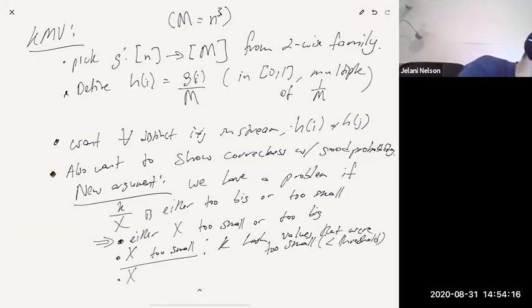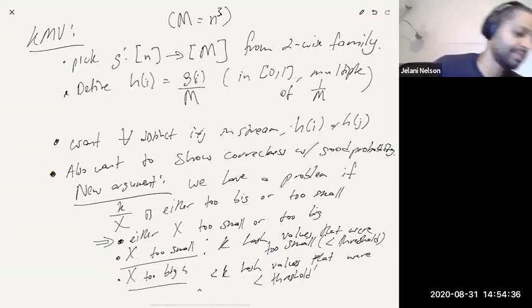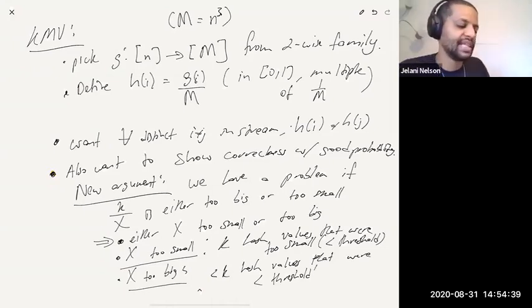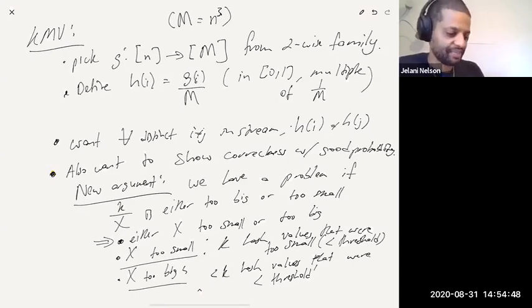What does it mean that x is too big? It means we had less than k hash values that were smaller than some other threshold, meaning that the kth was bigger than that threshold, which was a problem. That meant that the kth was bigger than threshold prime, and threshold prime is too big.